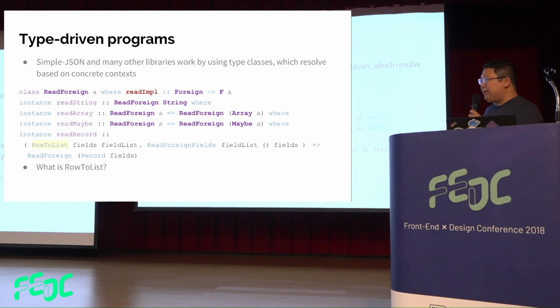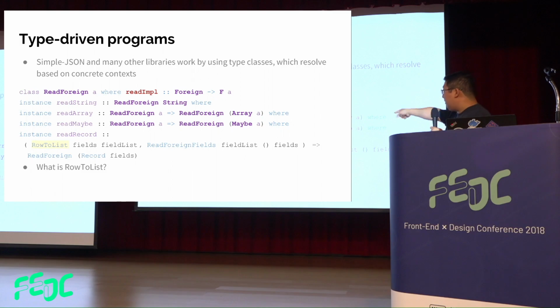The same thing goes for Maybe, where I can define methods to say, okay, is this foreign value I'm getting out undefined? If it is undefined, or if it's null, then I can just construct Nothing and push it back. But if there is something there, then I need to actually read it into some kind of thing. So over here also I say that A must be in the set of types that have ReadForeign, and I can read foreign into that.